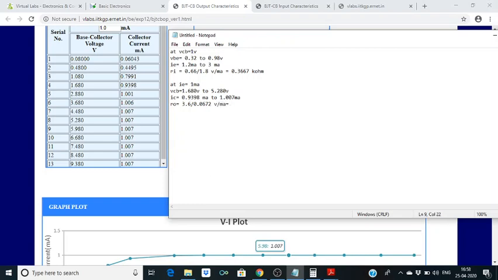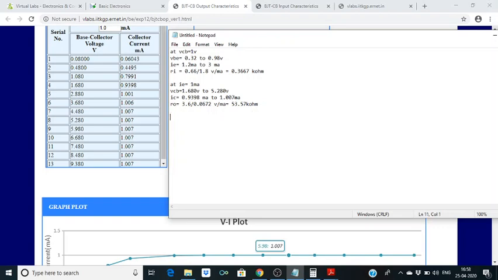So 3.6 divided by 0.0672 milliampere will be 53.57 kilo ohm. So we can see that input resistance is less as compared to the output resistance.